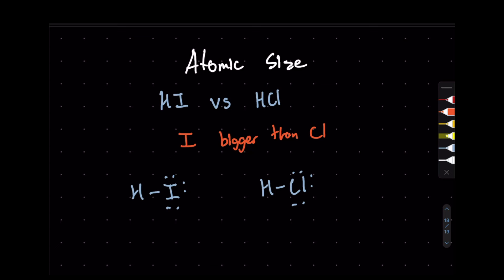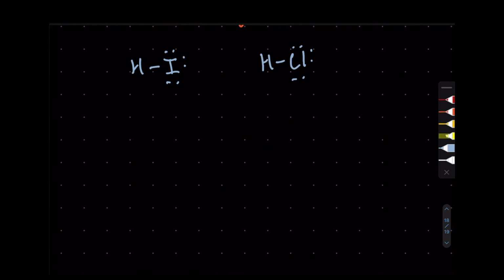Now the final letter in I here is resonance. Resonance comes into play because it is directly correlated to stability, and that's why it's more acidic.